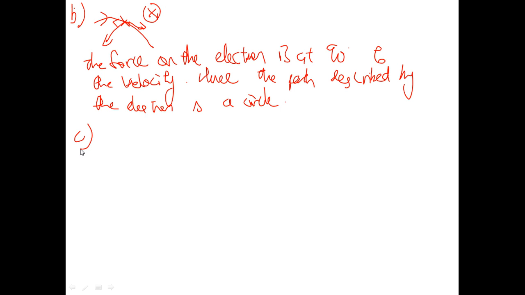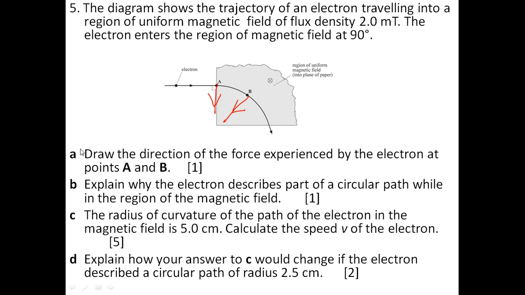Okay, so part C asks us to find the velocity. Now this electron is moving into the field, and the force that acts here will cause the electron to move in part of a circle.